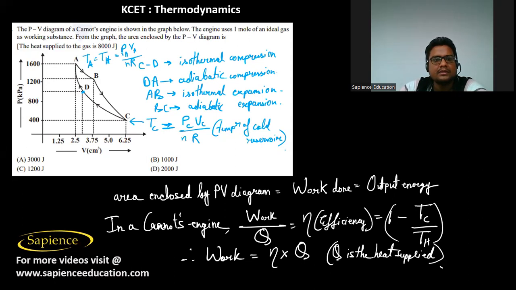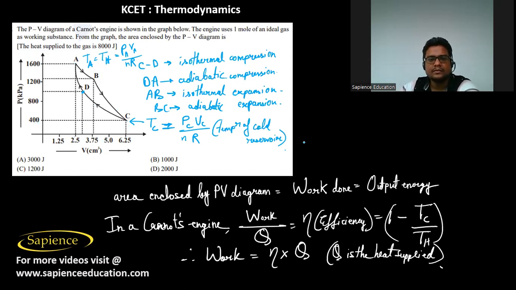PA means the pressure at the point A, and VA is the volume at the point A. Similarly, PC is the pressure at the point C, and VC is the volume at the point C.